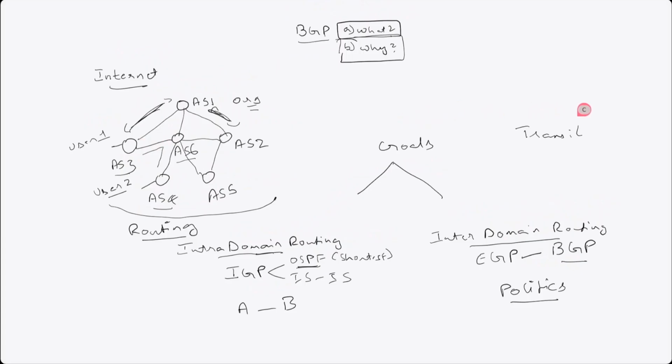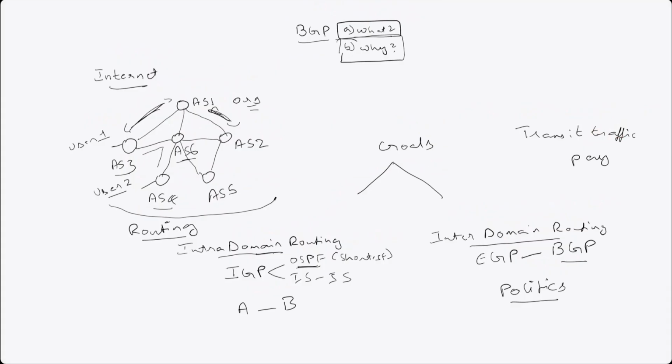Whatever transit traffic you are sending to me, I do not want to carry it. There could be a couple of reasons. One might be AS6 might just say to AS3 that you're not paying me for it, so I'm not going to carry it. So for me to carry your traffic, you either need to pay me, or if you are willing to carry my traffic, I'll carry your traffic, right?